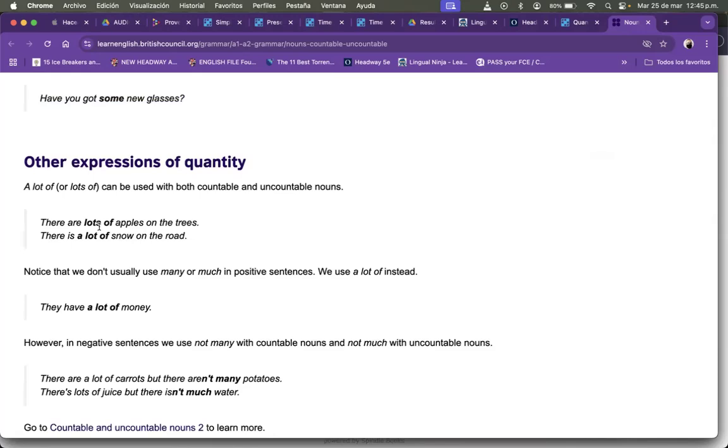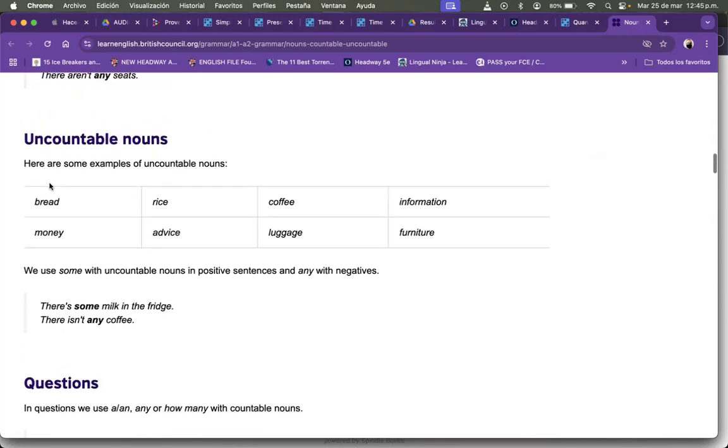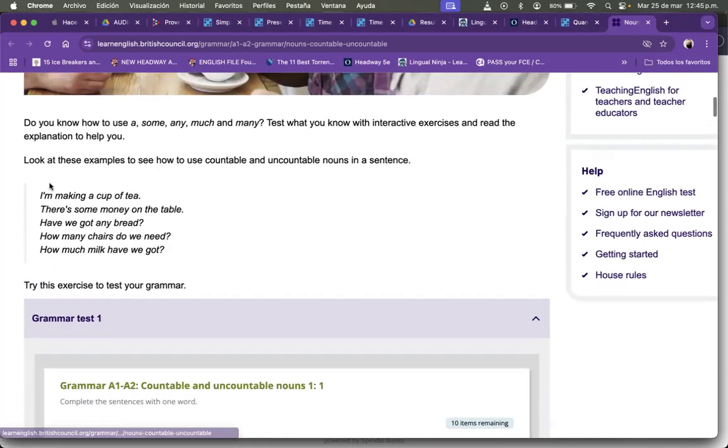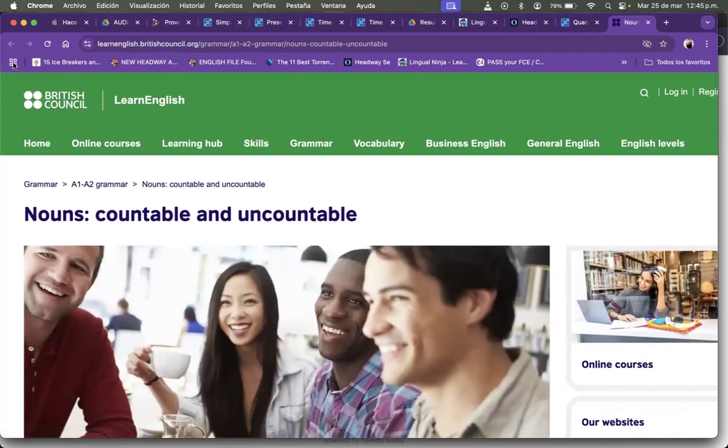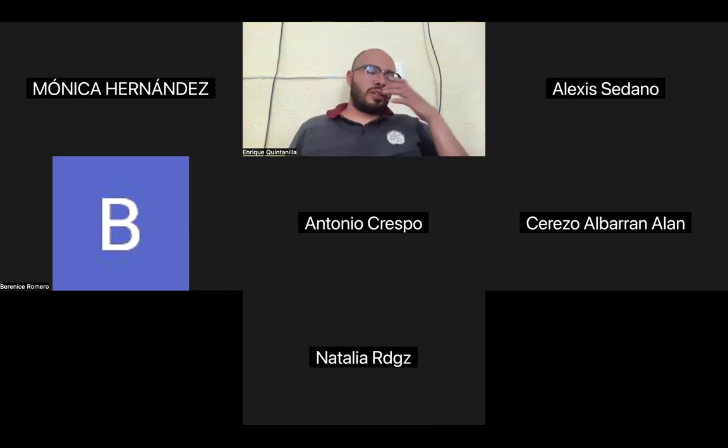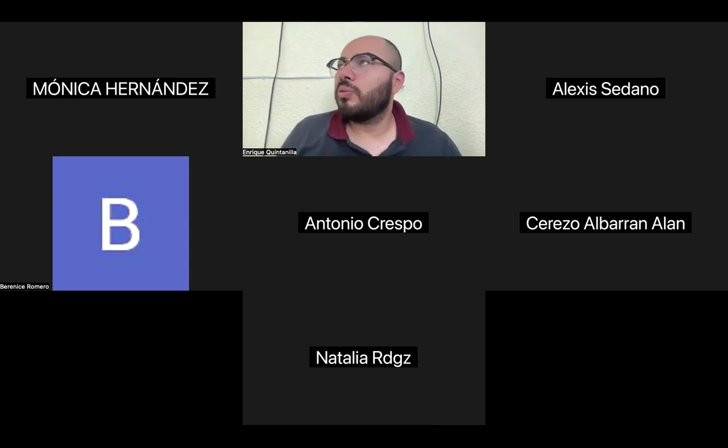Remember to use a lot, any, some. Yep. So please try to revise because I see some of you have mistakes on that. Todavía tienen errores allí. Entonces traten de hacerlo. It's not for Classroom, but it's for you guys, for you to study before the exam.